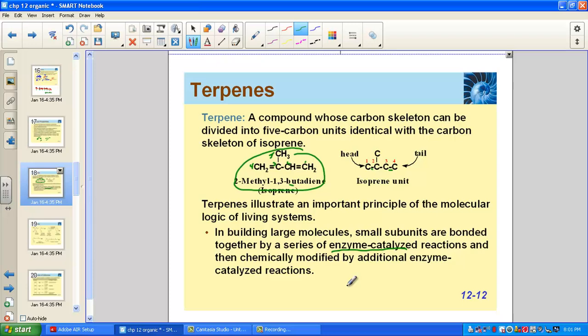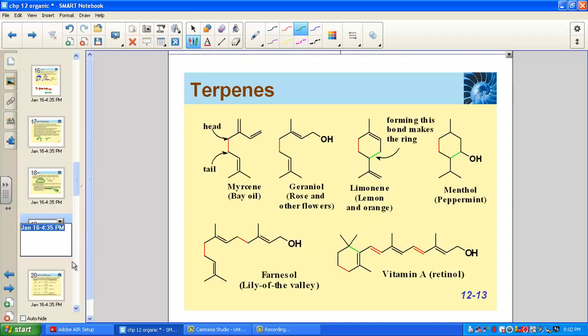If we choose to modify one of our long carbon chains, it would also involve an enzyme-catalyzed reaction. Enzymes are the control factor for where the molecule reacts with another and how fast it reacts. So terpenes really are very widely distributed in the biological world, and studying their structure provides a glimpse into the wondrous diversity of nature, generated from a simple monomer where head-to-tail structures have been created.